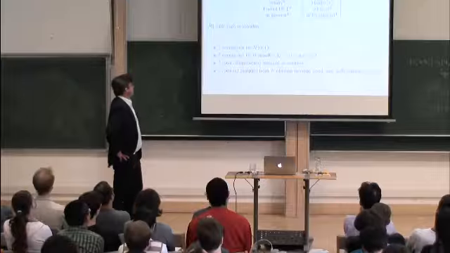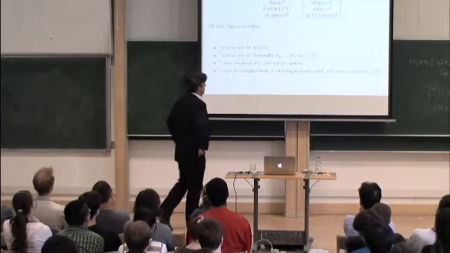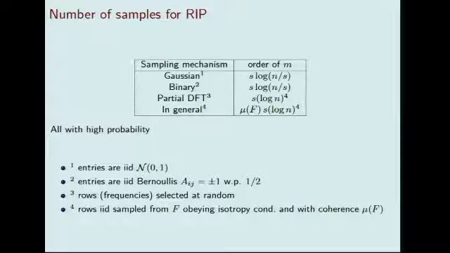This morning we've seen another type of measurements where the entries of A are plus or minus 1 with probability 1/2. For this kind, the result is the same: the restricted isometry property holds as the number of samples is of size sparsity times log of dimension over sparsity.